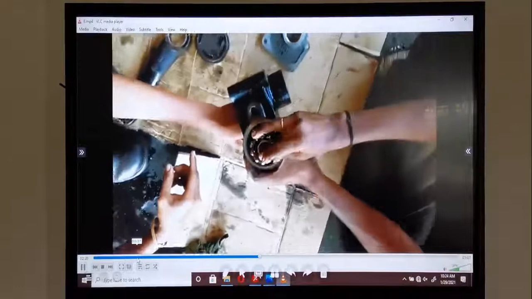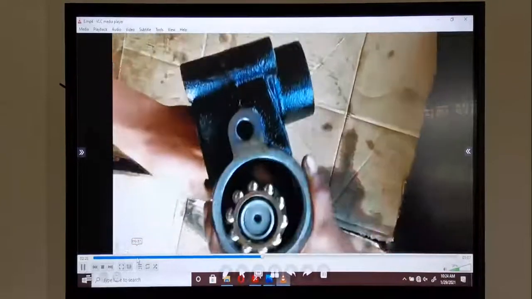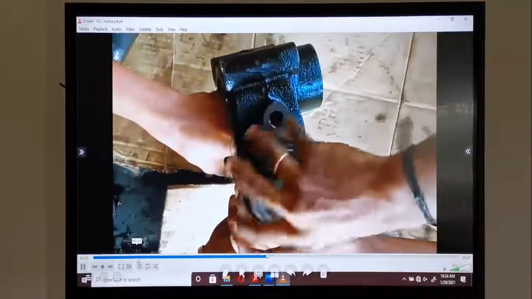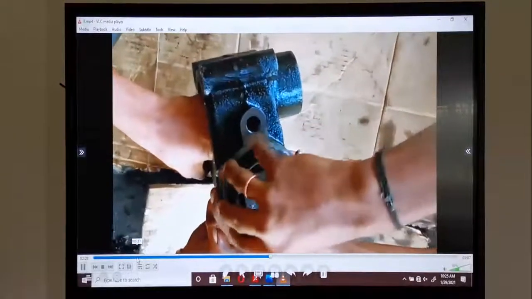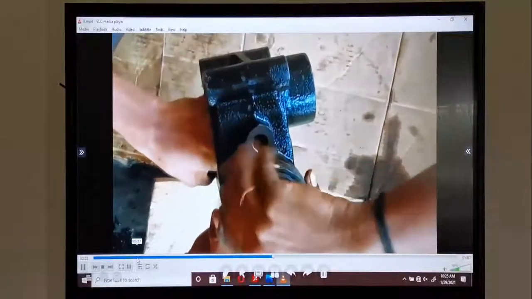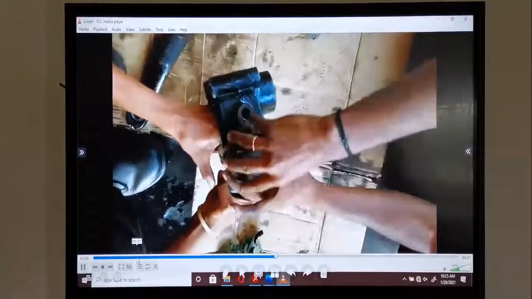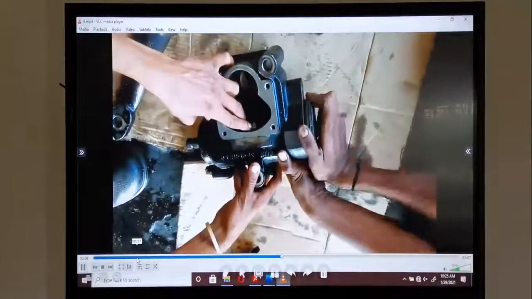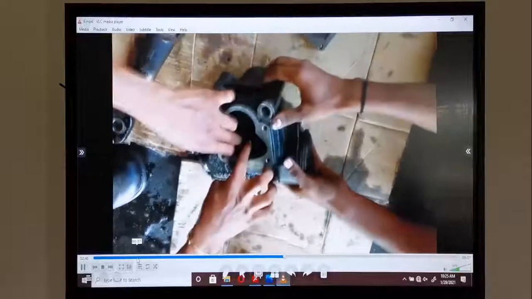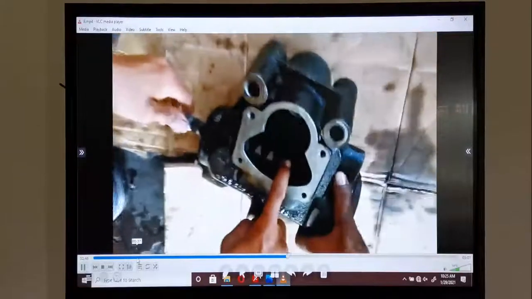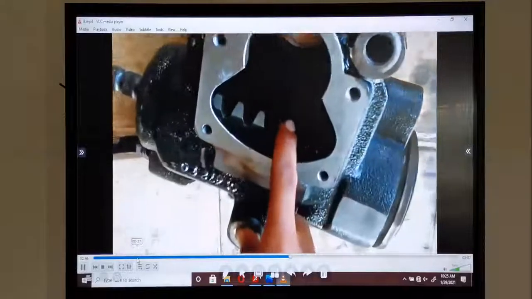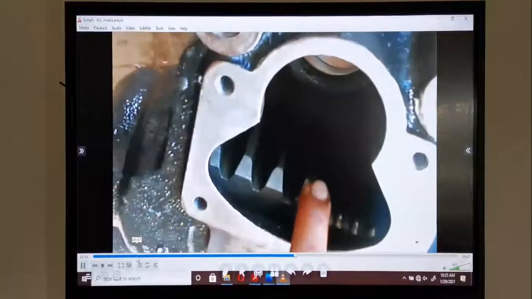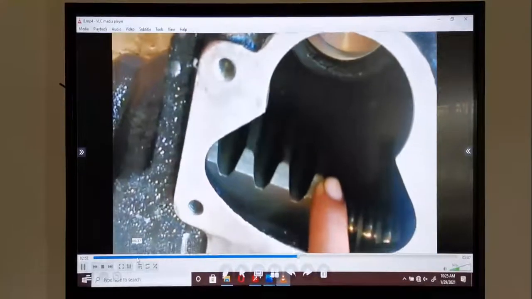Now put on the bearing and close it with the cap. Here you can see the thread of the ball nut track.